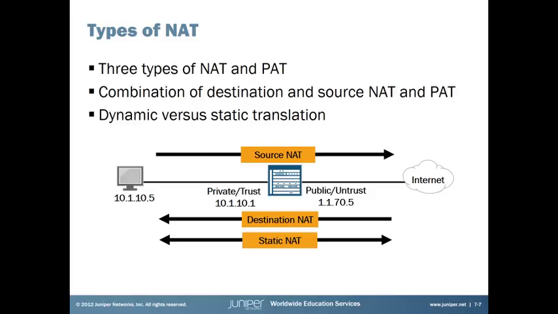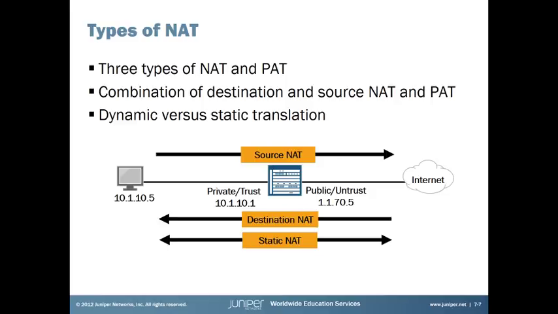So there are in fact three types of NAT and PAT. There is source NATing, destination NATing, and static NATing. Source NATing is the one that we talked about earlier on, where we have all these private addresses on a network, and we're NATing those over into usually a single public IP address that we have been assigned by our ISP.